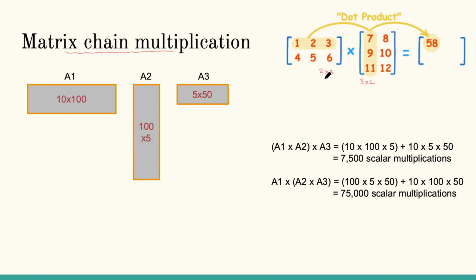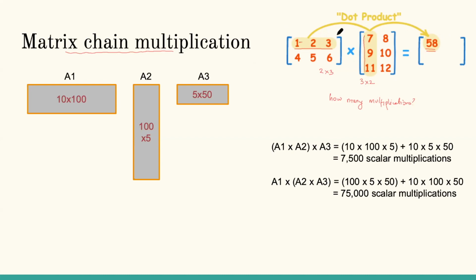What we want to know is how many multiplications are involved in this process of performing a dot product. To obtain the first output cell, we have to multiply the first row of our first matrix with the first column of the second matrix.